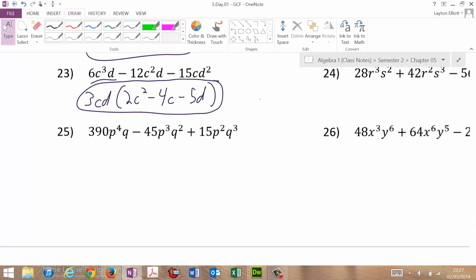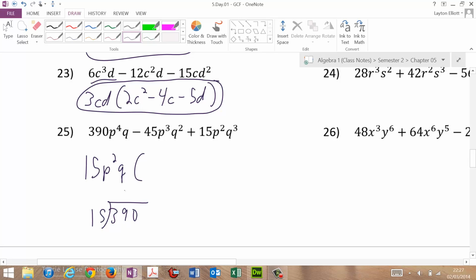25, let's try 15 and see if it divides evenly. And then let's try p squared and then q. Because p squared is my power right here, and q is my power right there, and that's going to be the smallest power in each of those. So if I go 390 and divide it by 15, I'm going to get 26, and then 15 goes into 90 6 times.